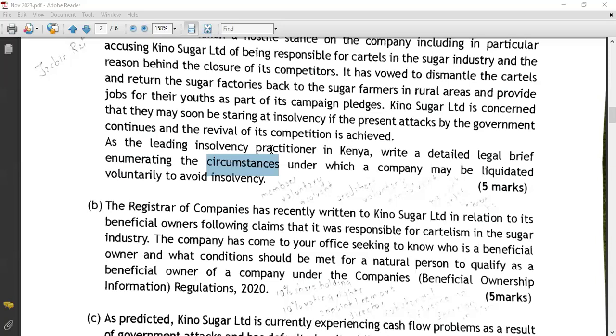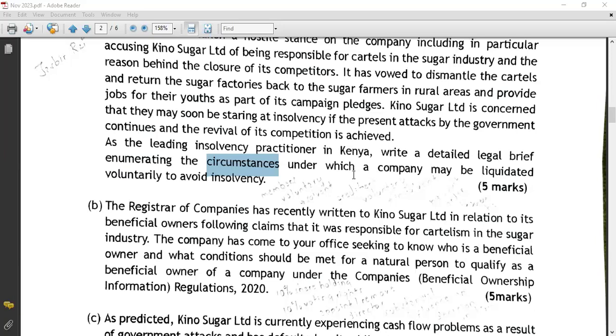Second, where the event occurs on the occurrence of which the articles provide the company is dissolved, and the company in general meeting has passed a resolution for voluntary liquidation. Third, if a company by special resolution is to be liquidated voluntarily. So there are three key points.